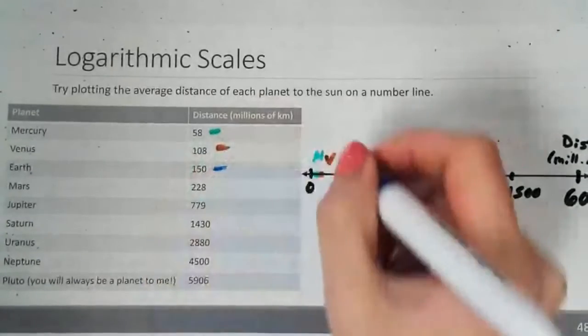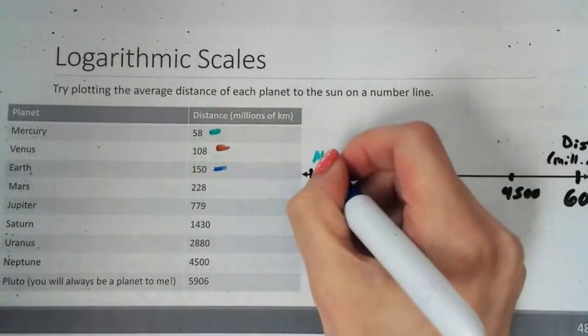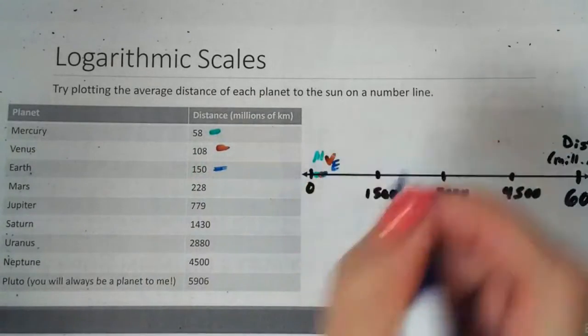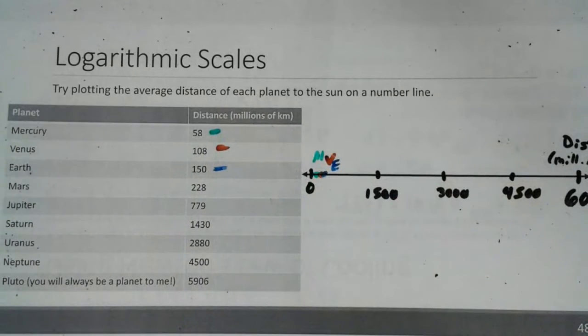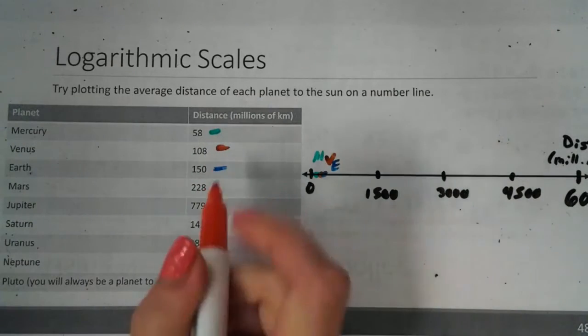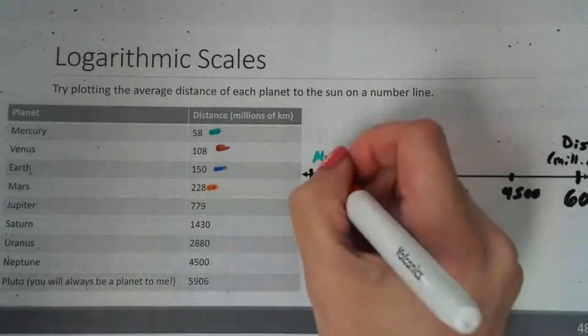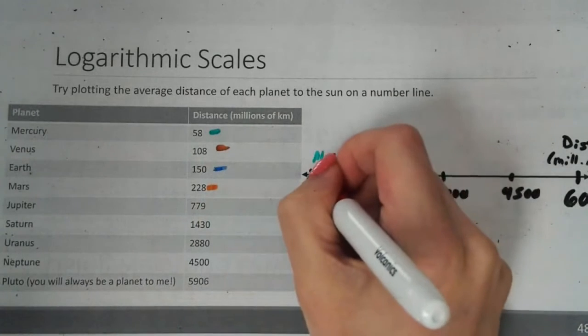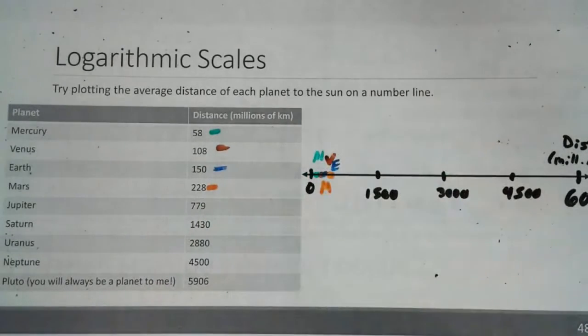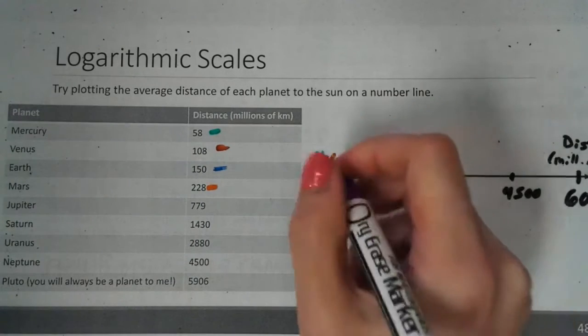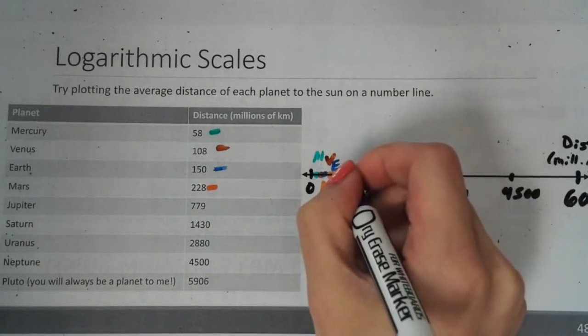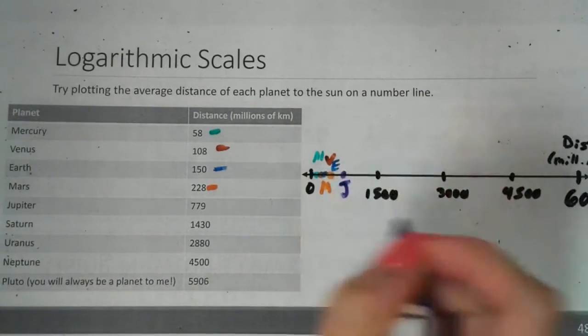Earth is 150, so we're still over here. Mars is at 228. Jupiter's at 779. It's going to be out there.